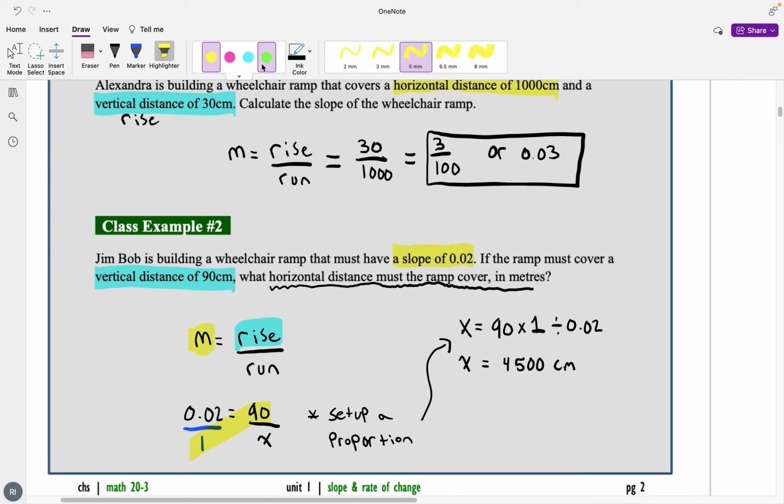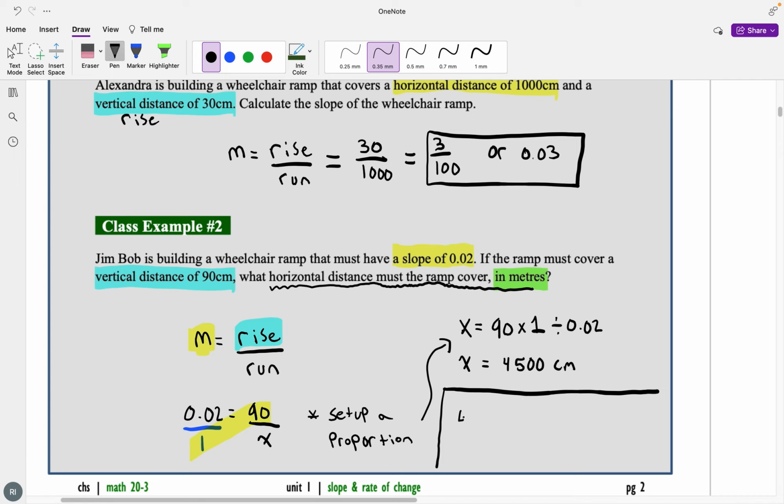Now, we aren't quite done because we need to answer in meters. And currently we have centimeters. So, feel free to choose your preferred method using a proportion again. I am going to use unit analysis for this one because I like it for this one.